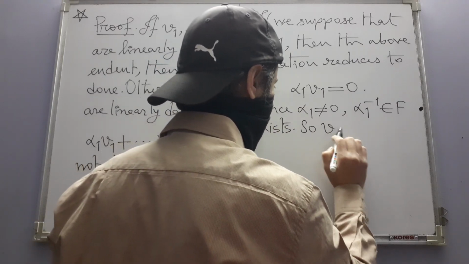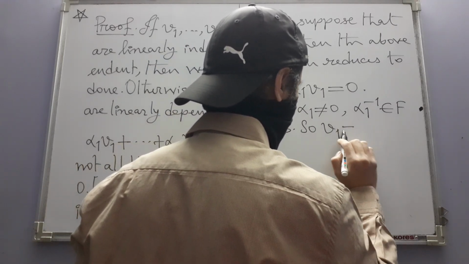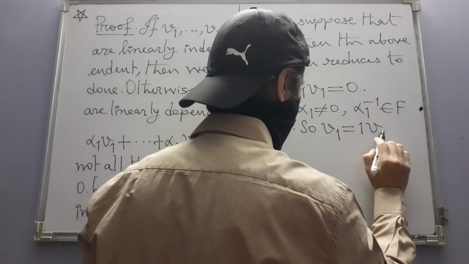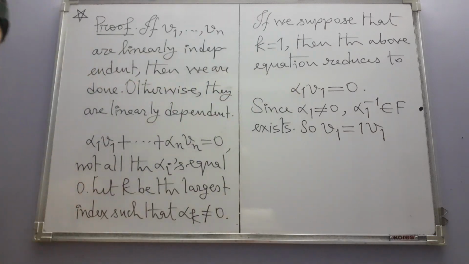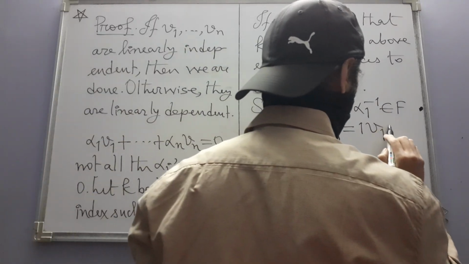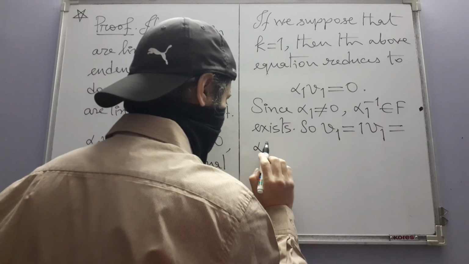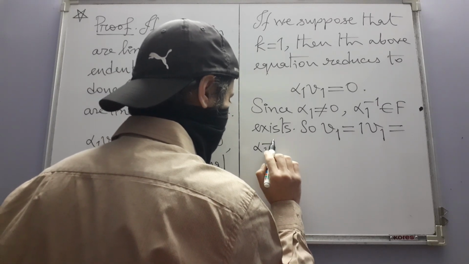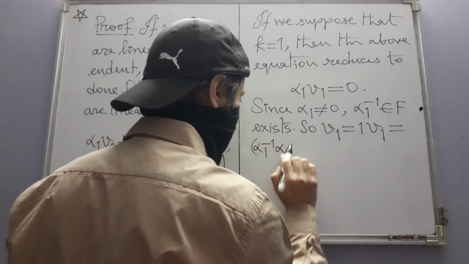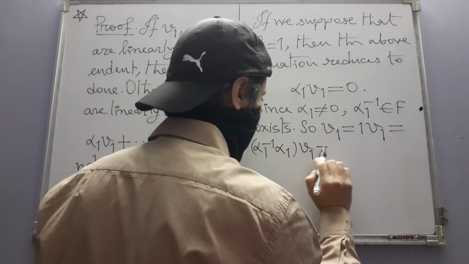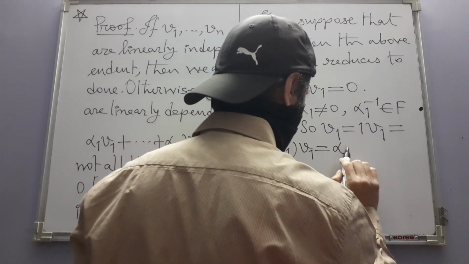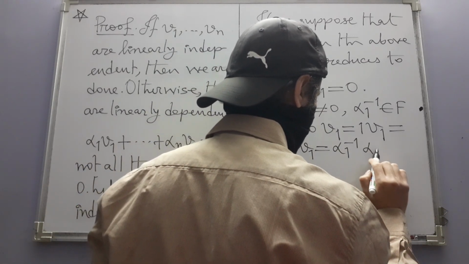So V1, which can also be written as 1 V1 by the fourth vector space axiom, becomes alpha 1 inverse alpha 1 V1, and then by the third axiom this is alpha 1 inverse times alpha 1 V1.